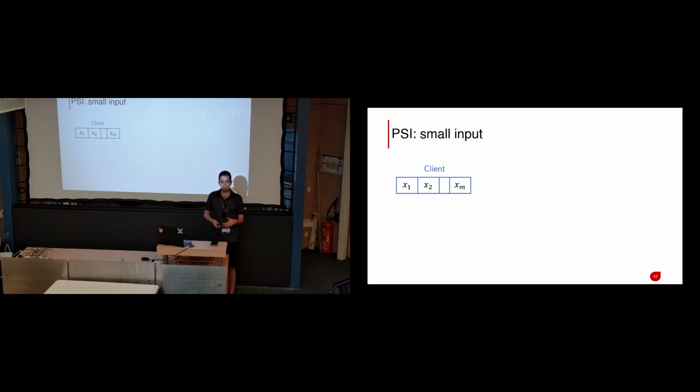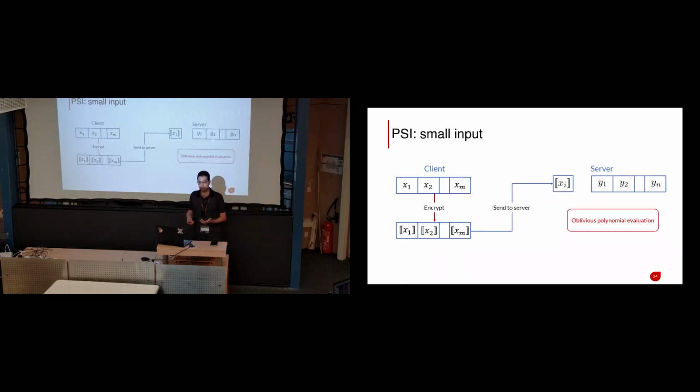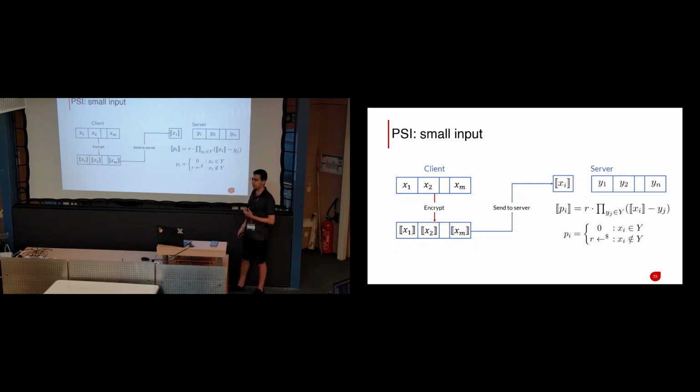We have a client with a set of m input keywords, and they first encrypt them and send them over to the server. Then in the server, we base our intersection on oblivious polynomial evaluation, where we represent the server sets as roots of a polynomial and evaluate the client point on this polynomial.